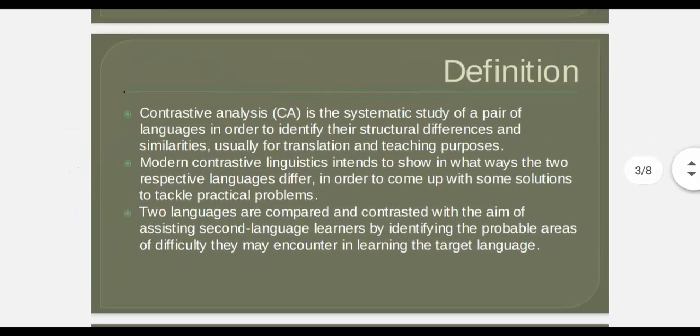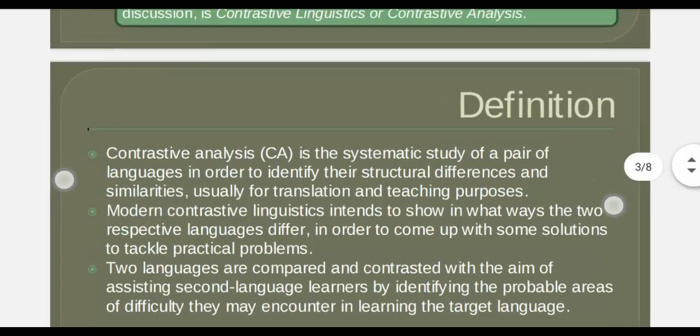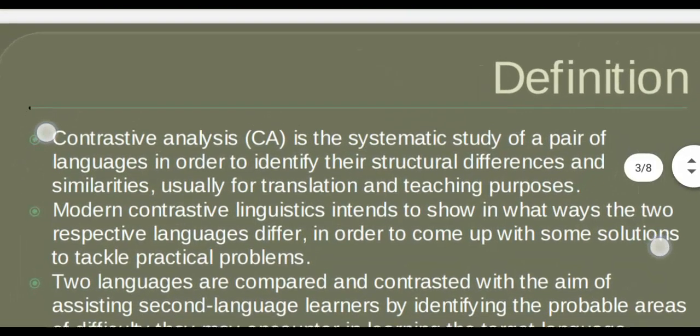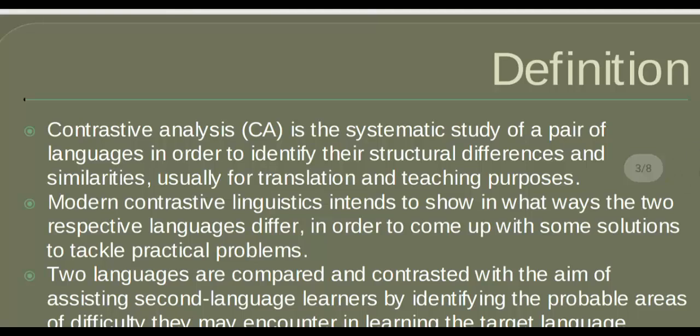The definition of contrastive analysis, or shortened CA, is the systematic study of a pair of languages in order to identify their structural differences and similarities, usually for translation and teaching purposes.